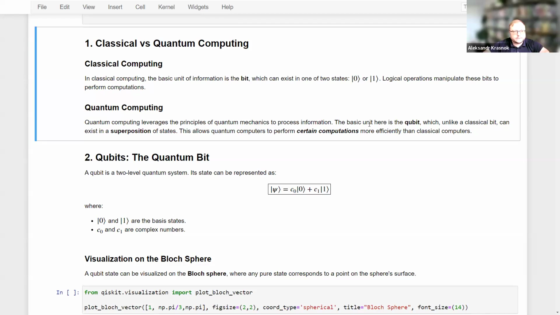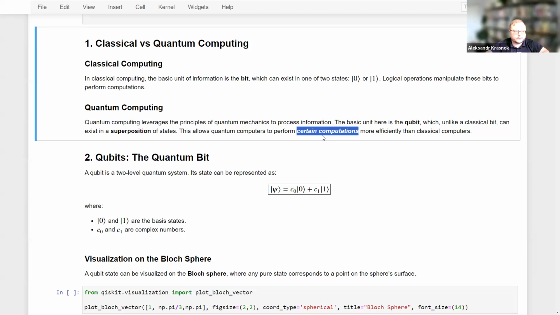It doesn't mean that a quantum computer will someday replace a classical computer, because a quantum computer outperforms classical computers only in certain computation problems.